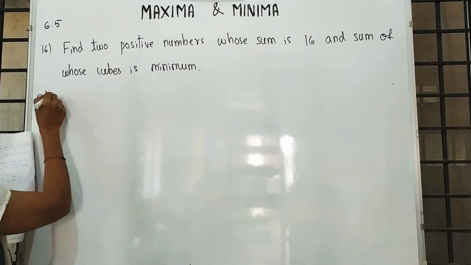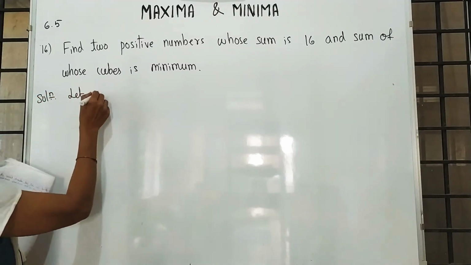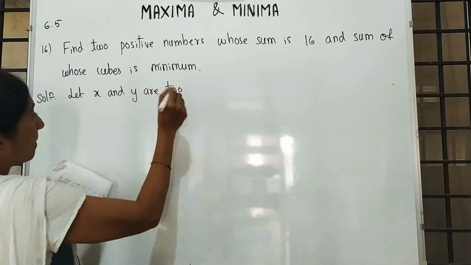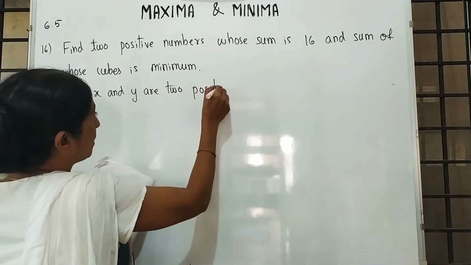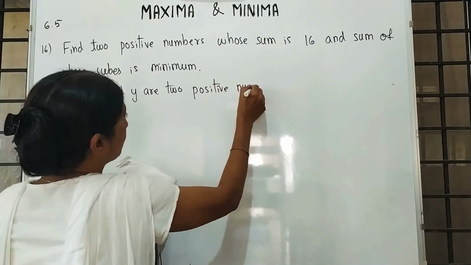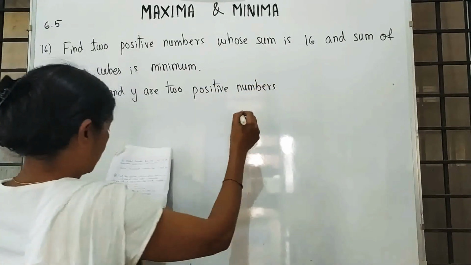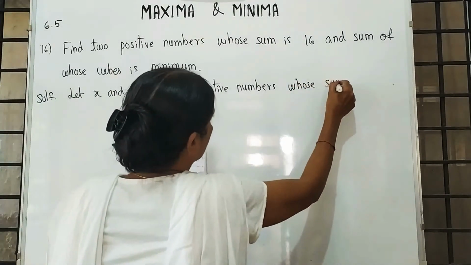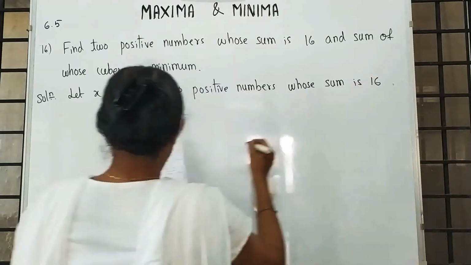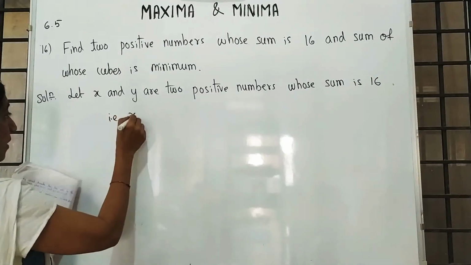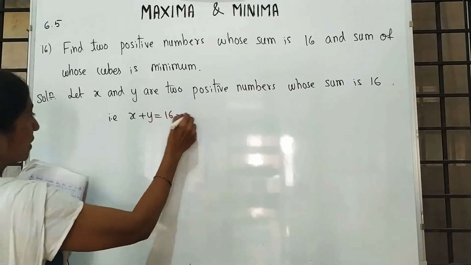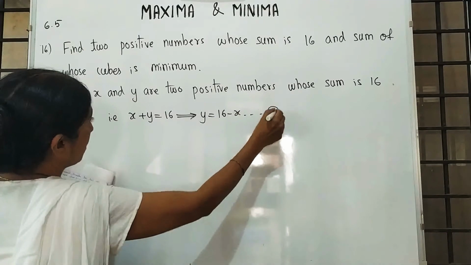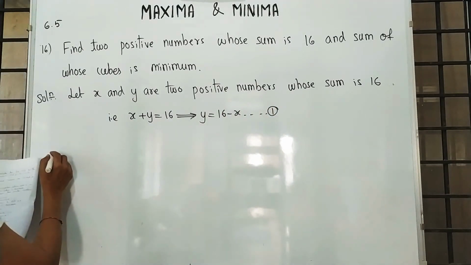Write down the solution. Let x and y be two positive numbers whose sum is 16. That means we write x plus y is equal to 16, or y is equal to 16 minus x. This is equation 1. And what is given?